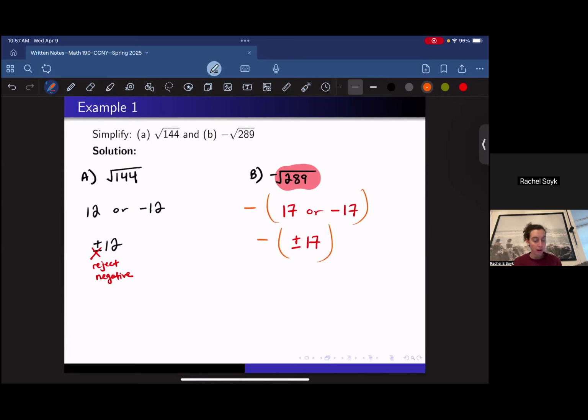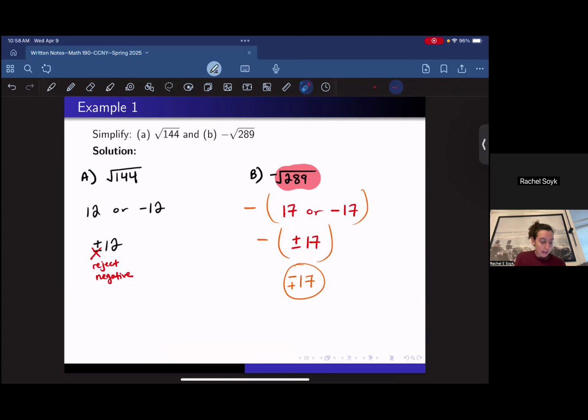A negative times a positive is a negative, and a negative times a negative is a positive. So you're once again looking at negative or positive 17. Does it matter if the plus is on the bottom or the top? No, these are just your two potential solutions. You could even just keep it as plus or minus 17 here.